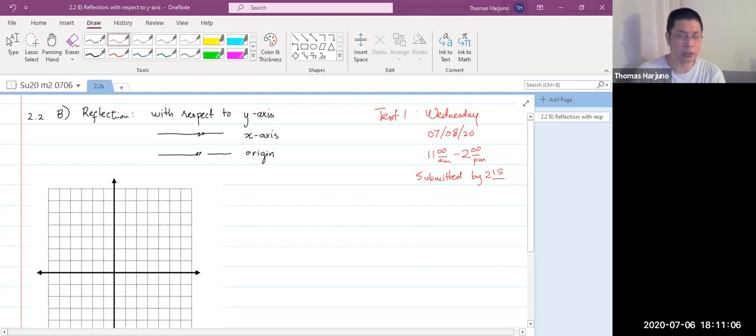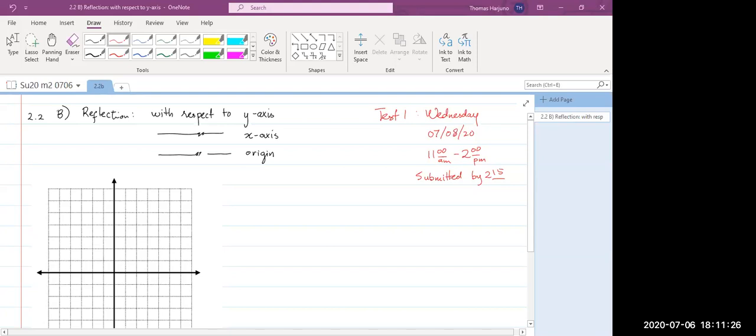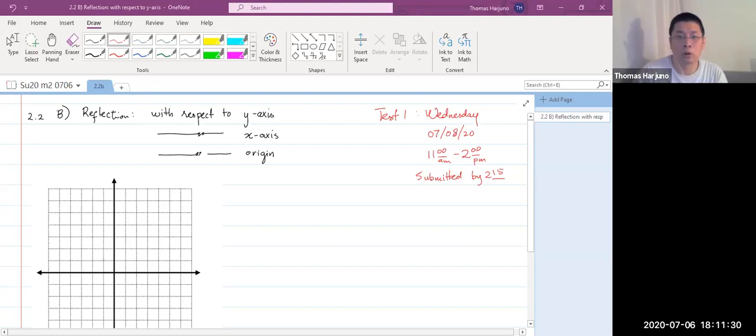I posted since the first day of class, I believe. Oh, that's not right. Yeah, you need to turn it in by 2 o'clock. No, submit it by 2 o'clock, not 2:15. By 2 o'clock.